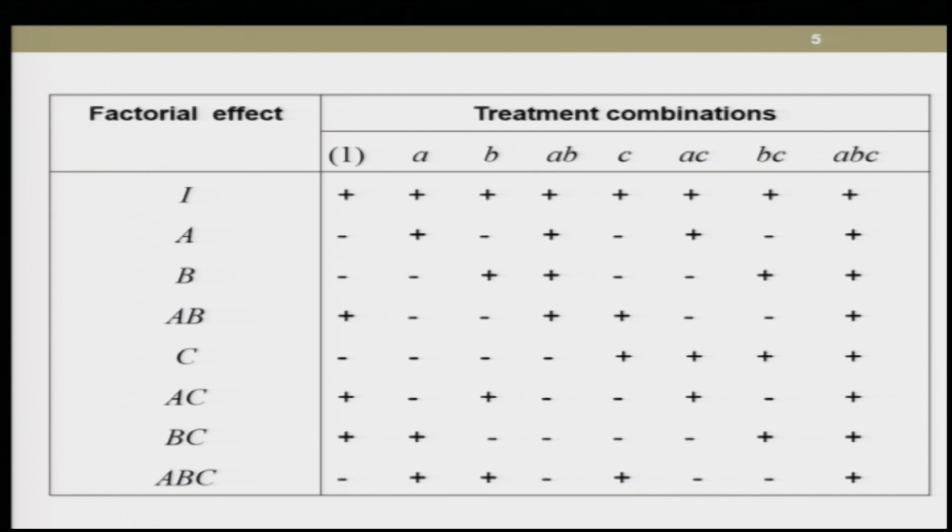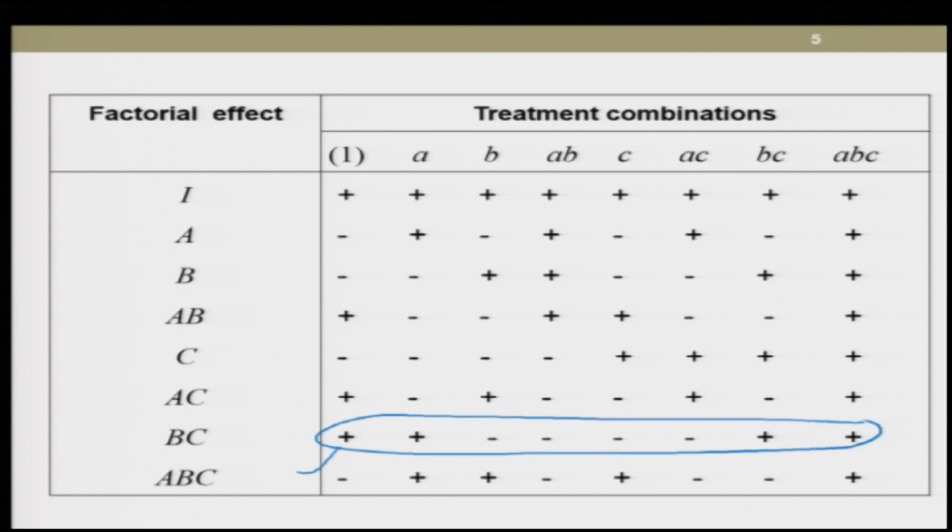And if you recall, in the 2 square factorial experiment I had constructed a table like the one you can see on the screen. Now I am trying to extend it to the 2q factorial experiment also. One thing you have to see here is how, by this table, I would obtain a particular effect. For example, suppose I want to estimate the interaction effect BC.